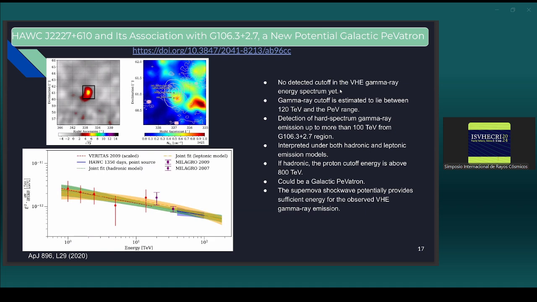And from all of the sources that we detected at these high energies, we started to make an analysis on those sources that can have this high energy and maybe be possible cosmic ray accelerators.